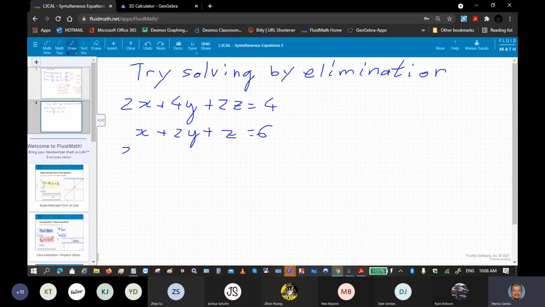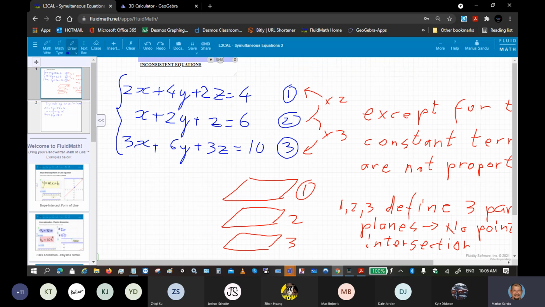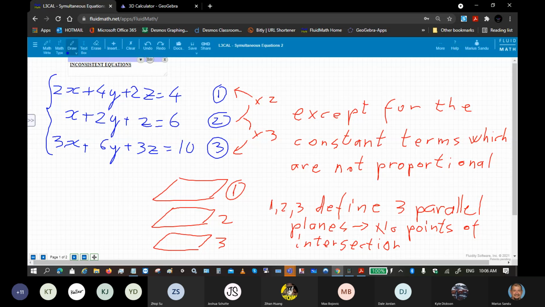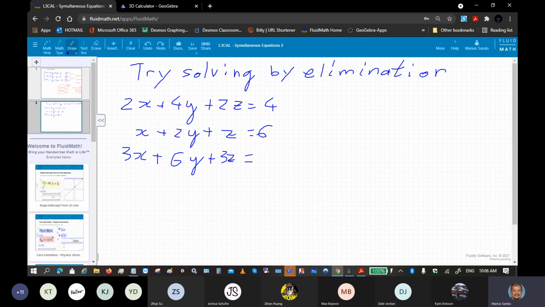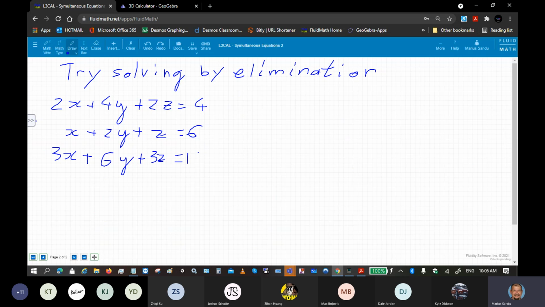And the third one is 3x plus 6y plus 3z is equal to 10. Yes, and that's 1, that's 2, and that's 3.